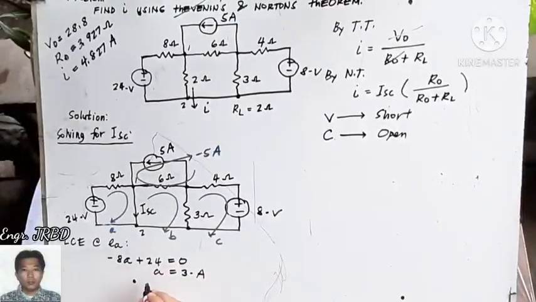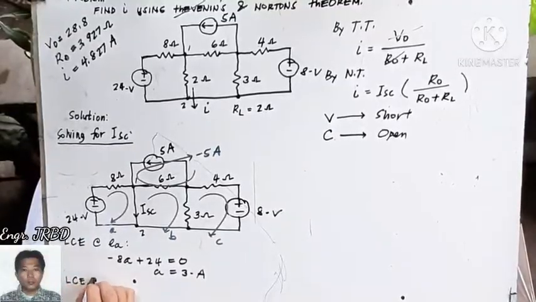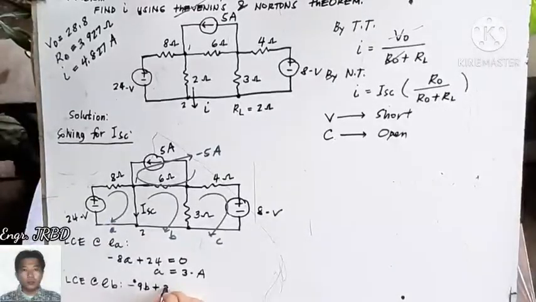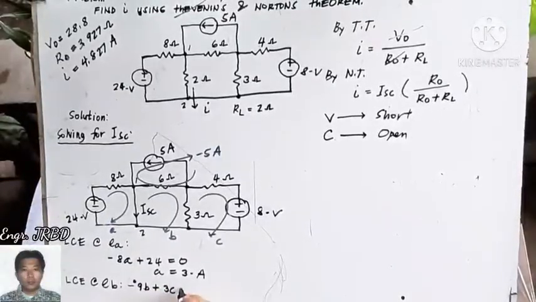And for B, loop current equation at loop B, that is negative 9B plus 3C plus 6 times negative 5, correct?